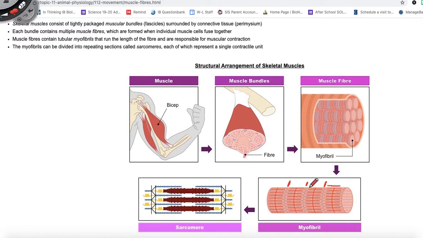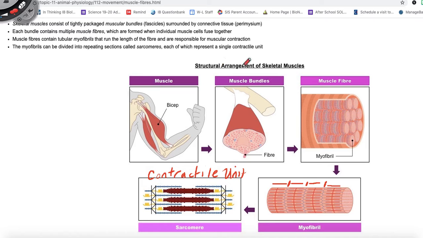So here's a sarcomere, here's another sarcomere, another sarcomere, and another sarcomere. Okay? So each sarcomere that you find within the myofibril is the contractile unit within your muscle cells. Contractile unit. And when we look at the actual method of how muscles contract, we're going to see exactly what's happening here within the sarcomere.